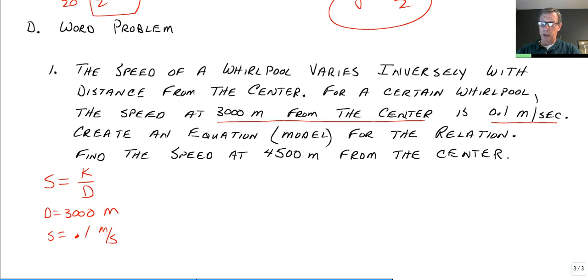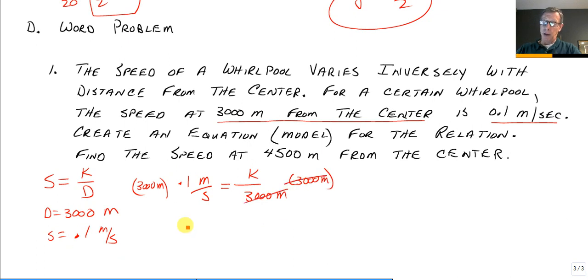So I think we can find k. So I'm going to put S as 0.1 meters per second is equal to k all over 3,000 meters. So to get the k alone, I'm going to multiply both sides by 3,000 meters. Of course, those are going to go away.